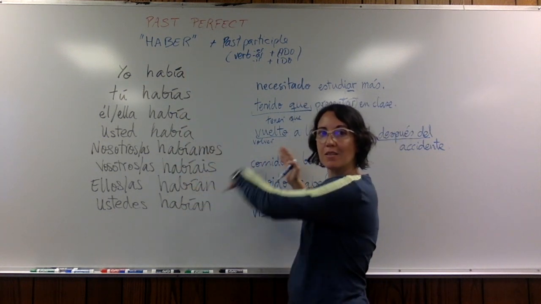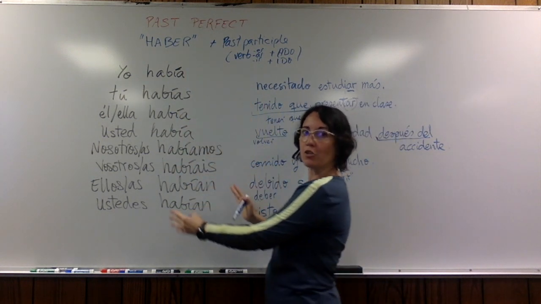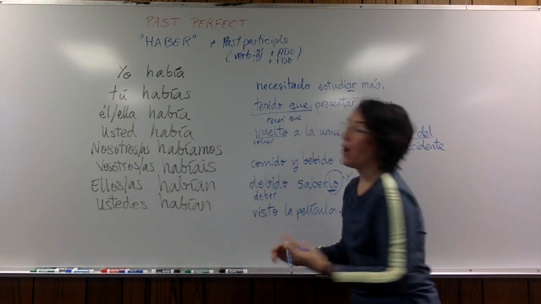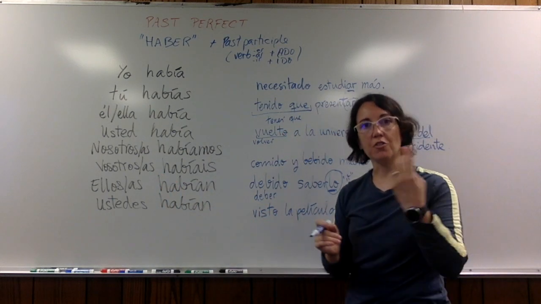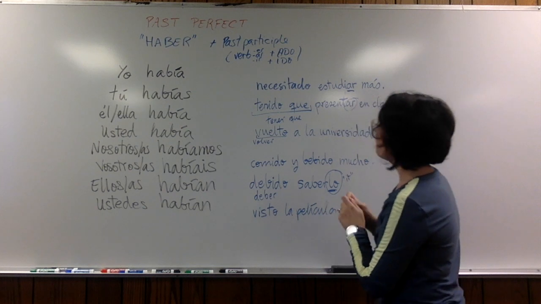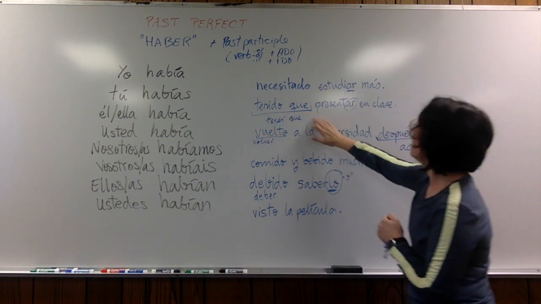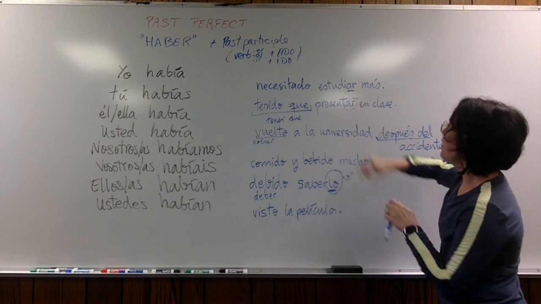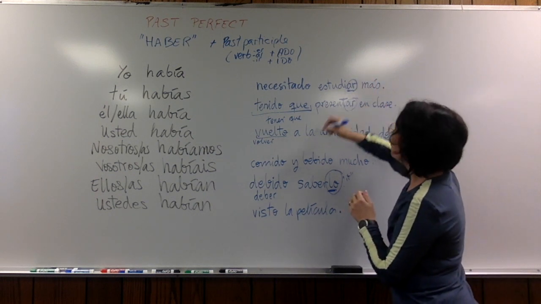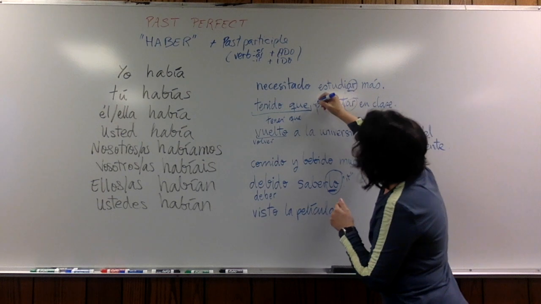And for this tense, the past perfect, you only need to memorize this part and practice all these structures that you'll find in the packet. So, tener que, referring to tenido que, and then presentar, the same as estudiar.